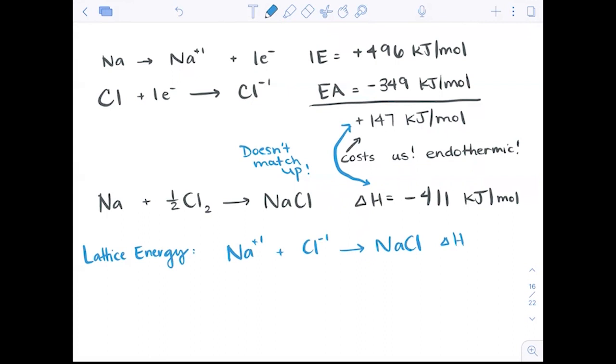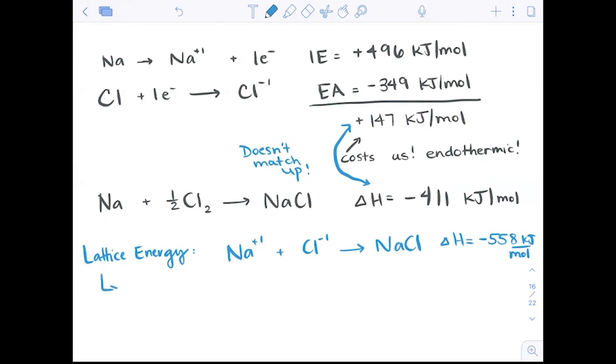We consider, yes, that we need the idea of the electrons actually being transferred, but in reality, that lattice energy step is very, very important. It's the overall driving force to get the reaction to take place. So, a couple of things with lattice energy.